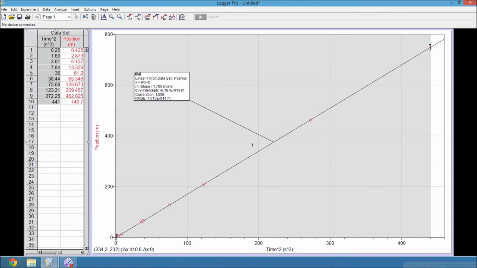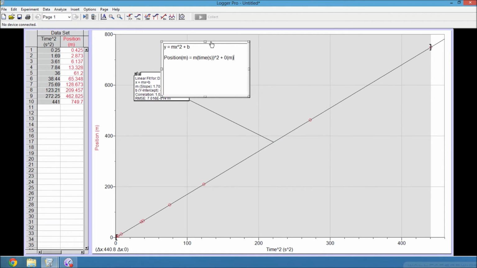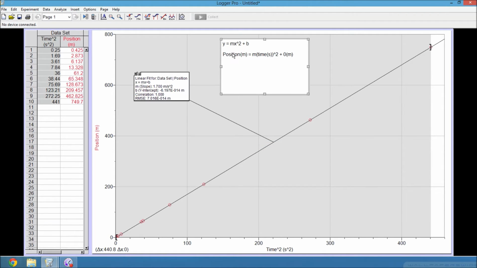The reason why I'm doing that is because now I have my units for slope right here with the second squared. This is meters as the rise, and time squared is now the run. So bring back this text box. I'm really looking at position. This slope right here that I did not know before is 1.7 with the units of meters over seconds squared.